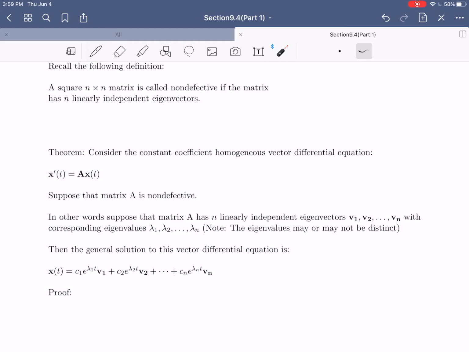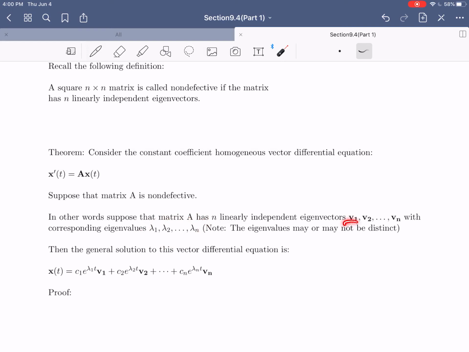Now, I do want to make a note here. While we are under the assumption that v1 through vn are linearly independent eigenvectors, remember, sometimes a single eigenvalue can have several linearly independent eigenvectors. So this lambda 1 through lambda n, each of these correspond to these eigenvectors, but these eigenvalues may not be distinct.